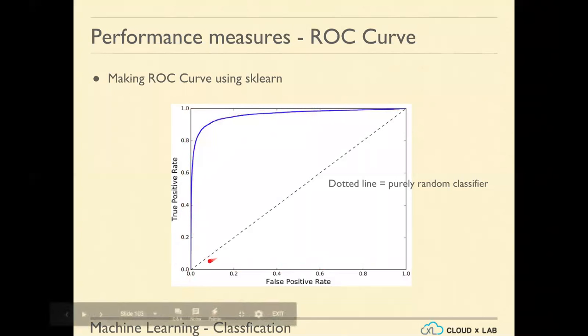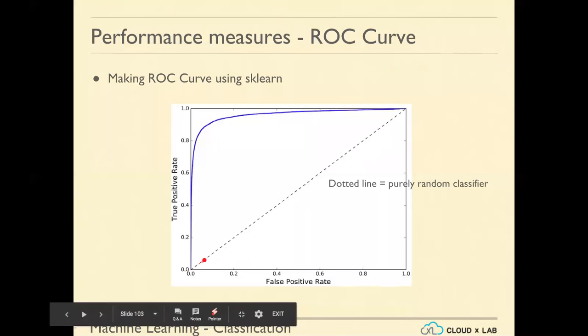If we have a random classifier, which gives an equal number of true positives and false positives, it will look like a straight line. In the extreme case it classifies everything as positive, so the false positive rate and the true positive rate are both maximum.